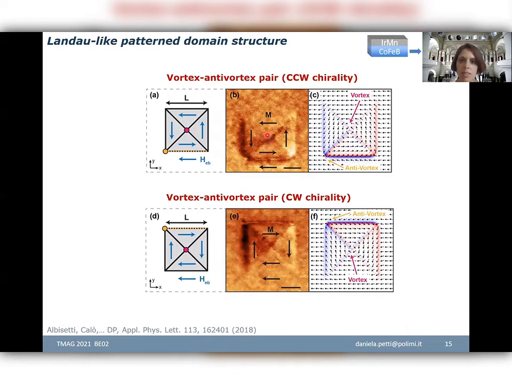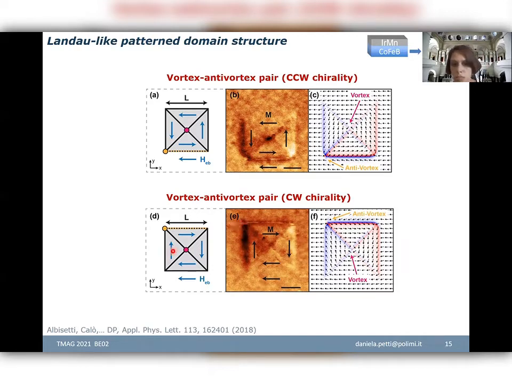And here the vortex is in the middle and the anti-vortex is on the left bottom part of the figure. On the bottom panels, you can see that by reversing the direction of the magnetization, the clockwise chirality is stabilized. And in this case, the anti-vortex is on the top angle of the figure.